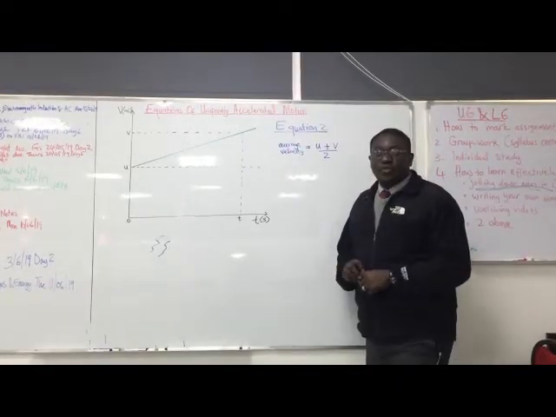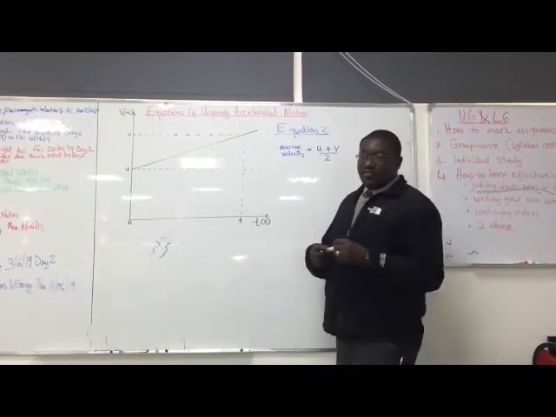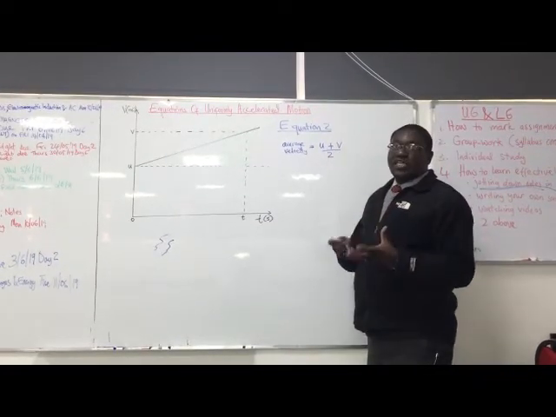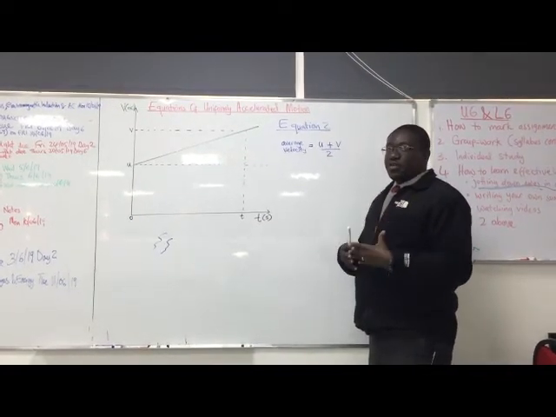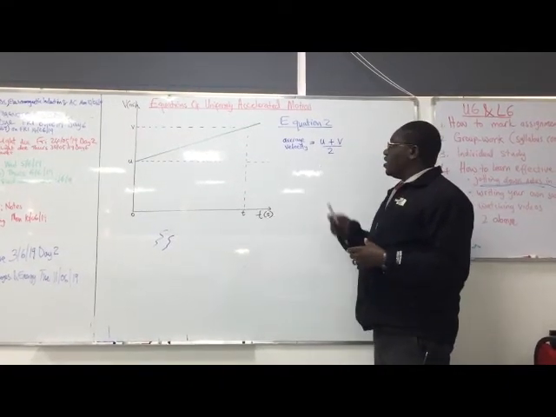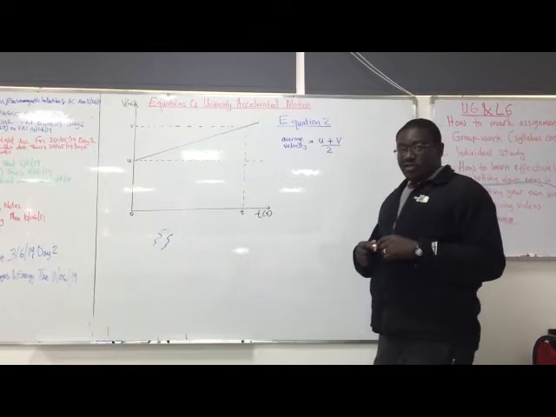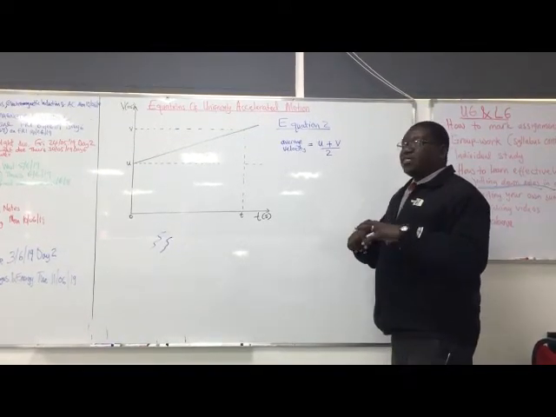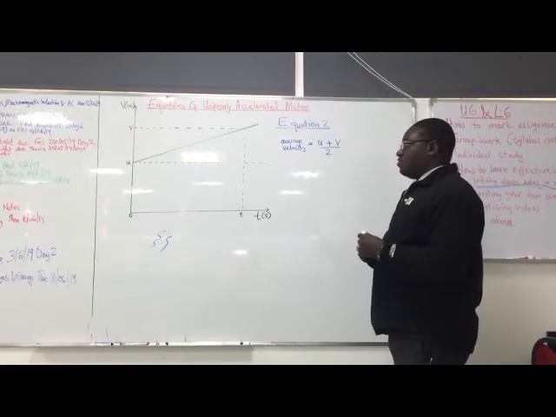Now equation number 2 concerns the average velocity. We know that when you're finding the average of two quantities, you've got to add them and then divide by 2. Now we add the initial velocity and the final velocity and then divide by 2 to get the average velocity. Then after that, we try to find the total distance traveled from this average velocity.